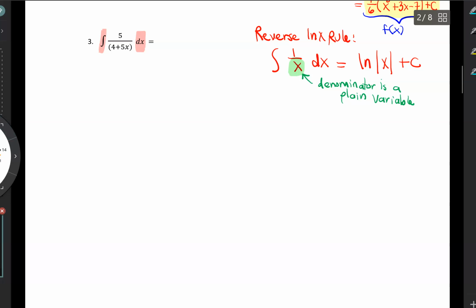But what do we got? Here my denominator is a linear binomial. Denominator is a linear, I'll just say not a plain variable. Not a plain variable. So we need u substitution.